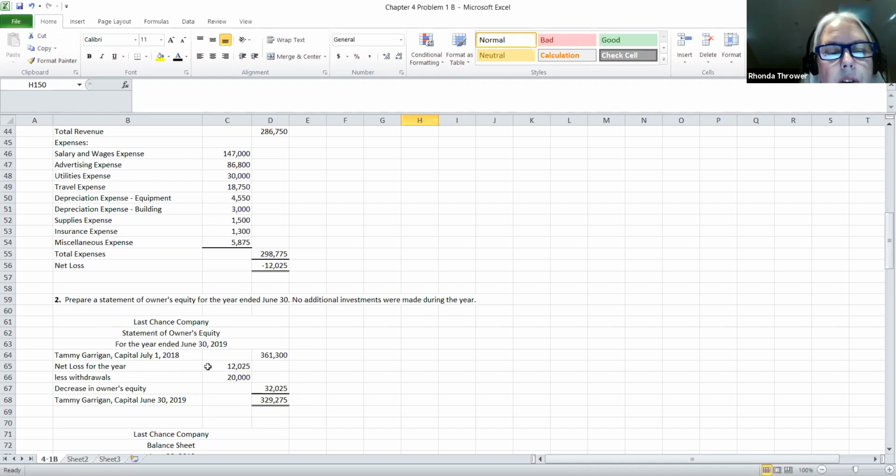If this had been net income, it would have been combined with the withdrawals. And then if the net income was more than the withdrawals, there would have been an increase in owner's equity, which would have been added back to the beginning owner's equity to get the ending. That did not happen in this case. There was a net loss, which decreased the owner's equity, and the drawing also decreased the owner's equity. It decreased the owner's equity by a total amount of $32,025.